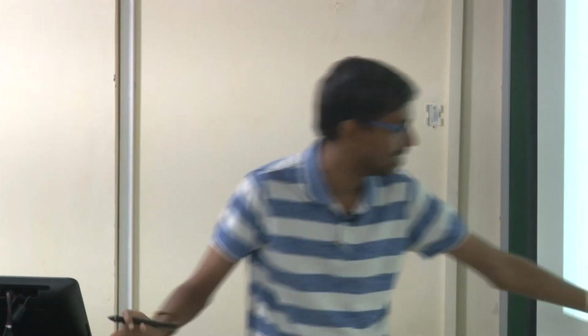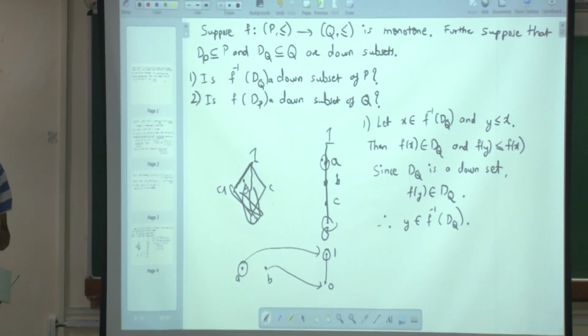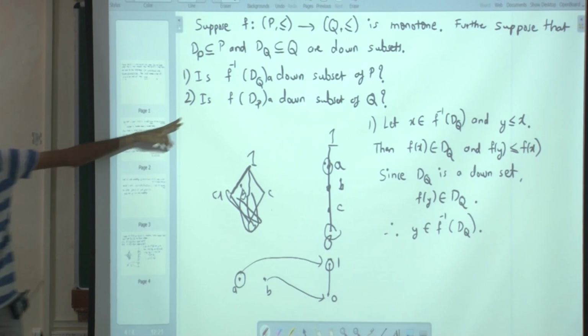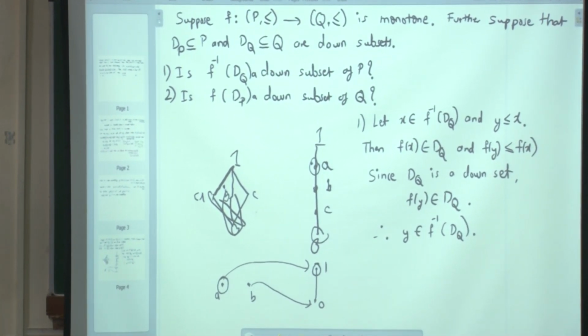Does a surjective monotone map preserve downsets under direct images? No. Why? If you say no, then there should be a counterexample. Yes, the same example. This is surjective, but it doesn't preserve downsets under direct images.